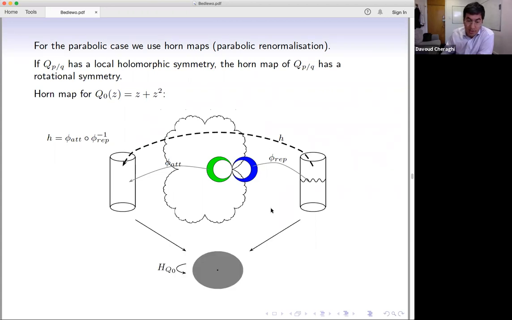So we can project that map by the exponential and obtain a map from a neighborhood of 0 to a neighborhood of 0. So 0 corresponds to infinity here and also infinity here.